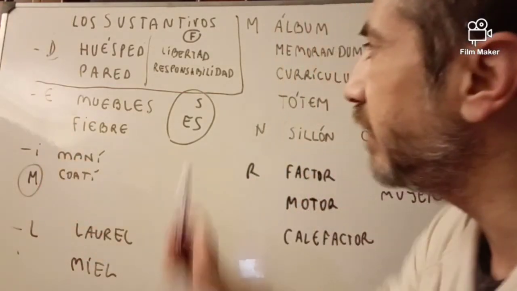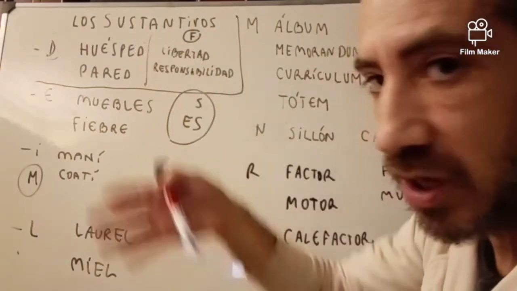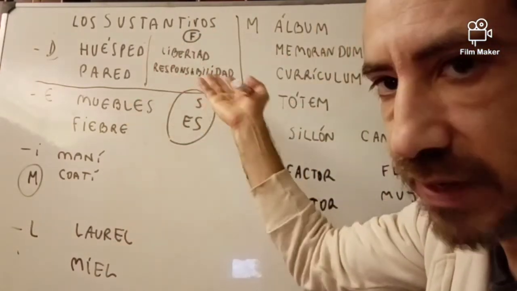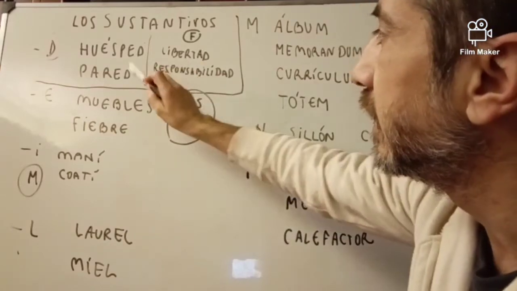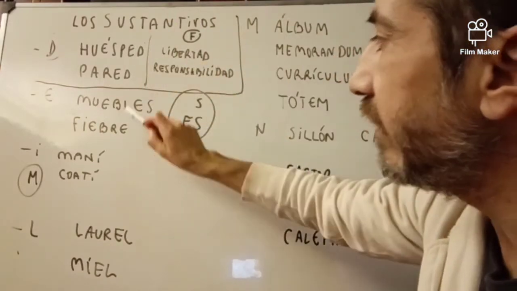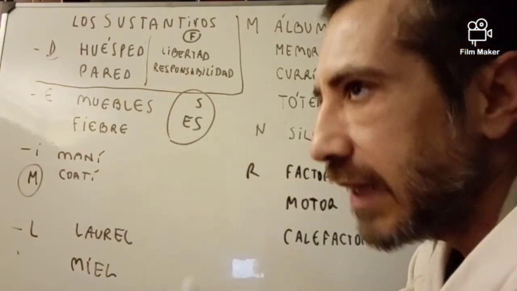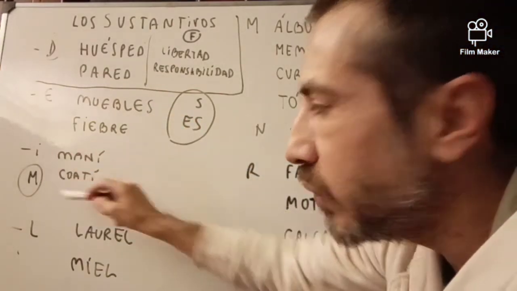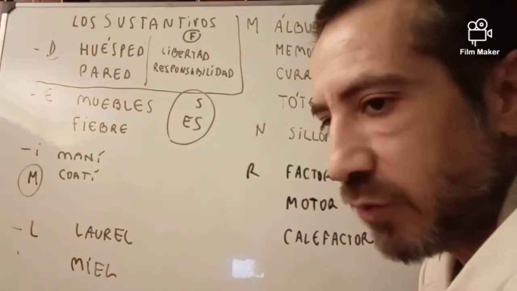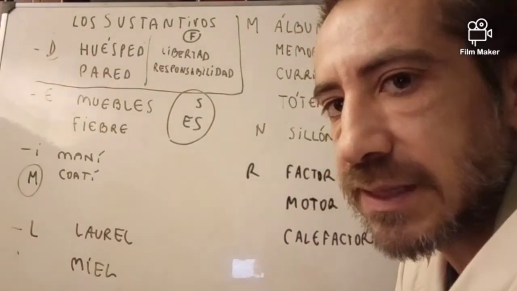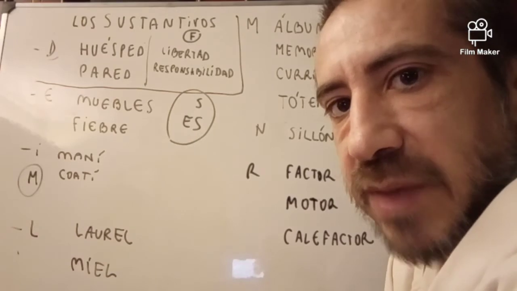No more than that. I mean, with d, there are lots of examples. I didn't write all of them, of course. With e, I couldn't remember more than these two words, and I'm 48 and I've been speaking Spanish since I was a child because it's my mother tongue.